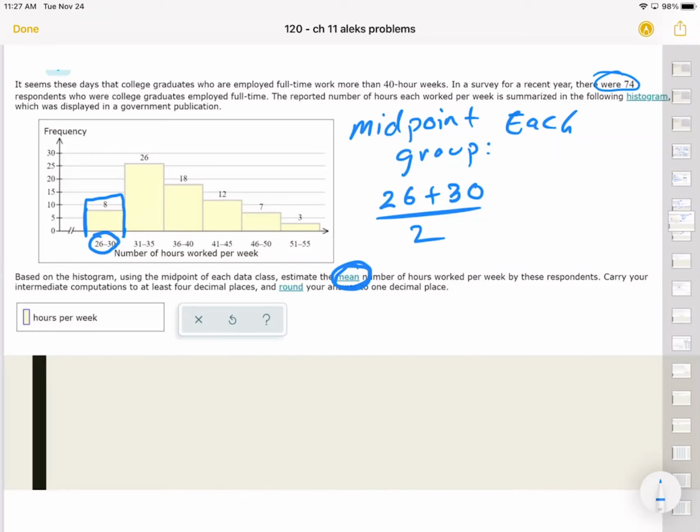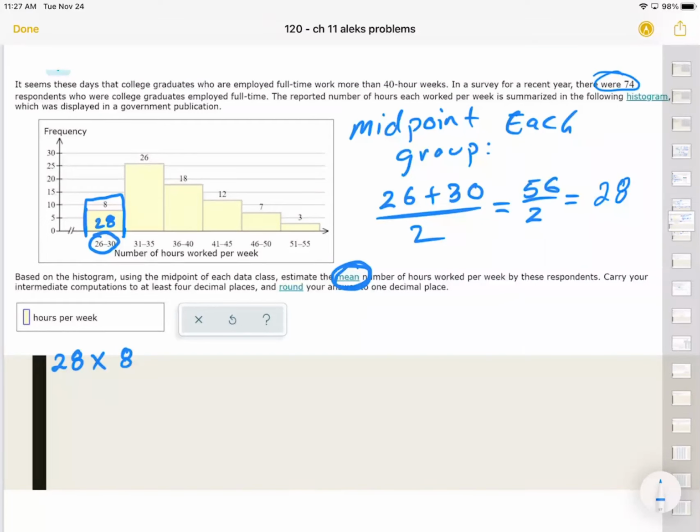If you add them up, we have 56 divided by 2, and you should get 28. Meaning in the first group, we will use 28 to represent my data, and all we do is take 28 multiplied by the frequency, which is 28 multiplied by 8.